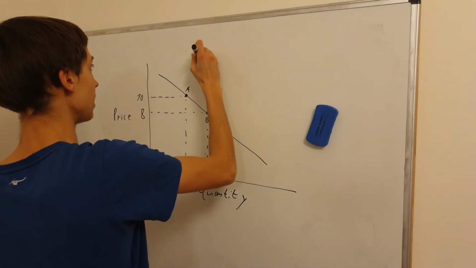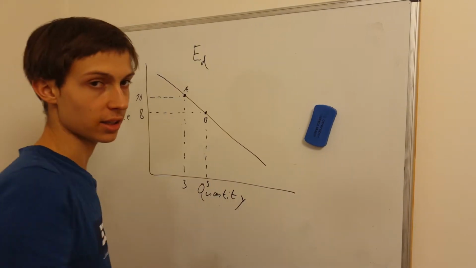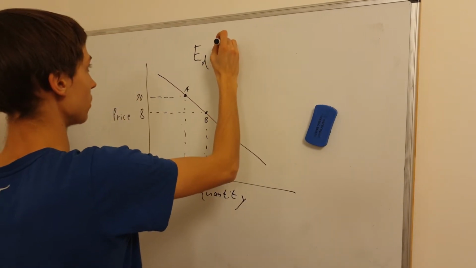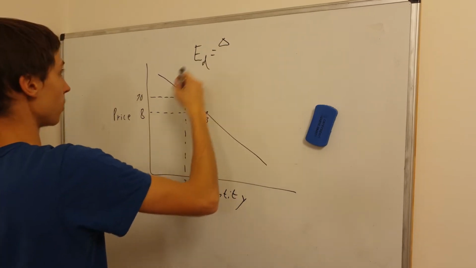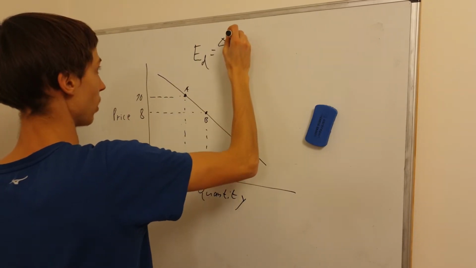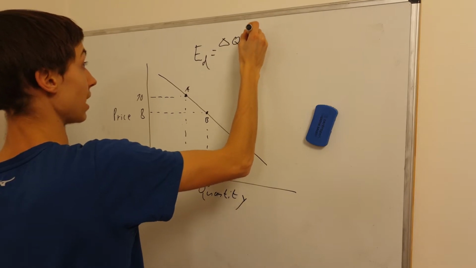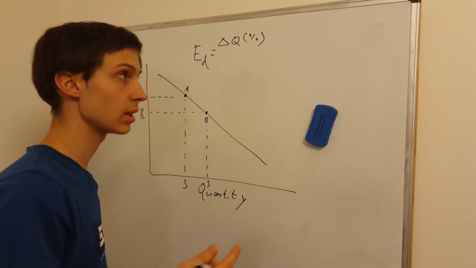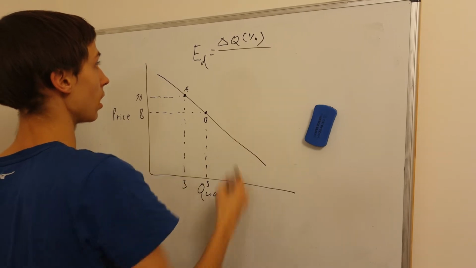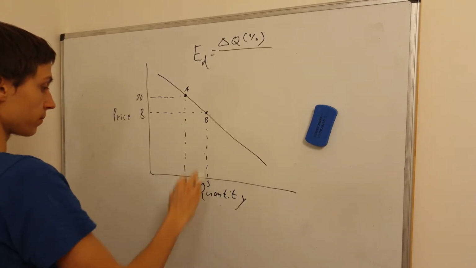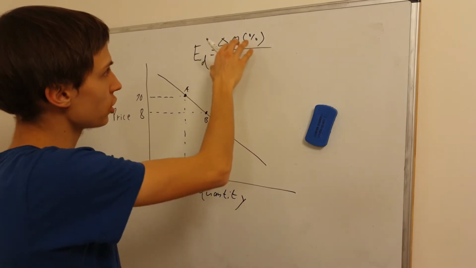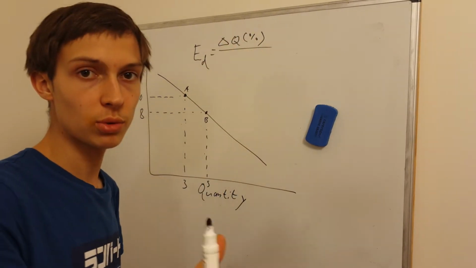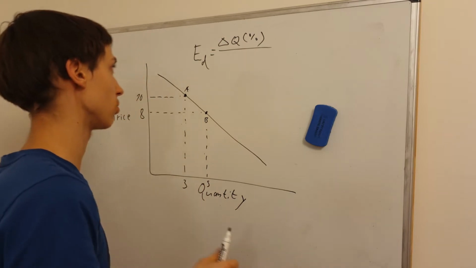It is usually denoted as ED, like this, and it's calculated as the change in quantity in percent over the change in price in percent. Or you can say the percent is not really required, and I will show why it does not really matter.